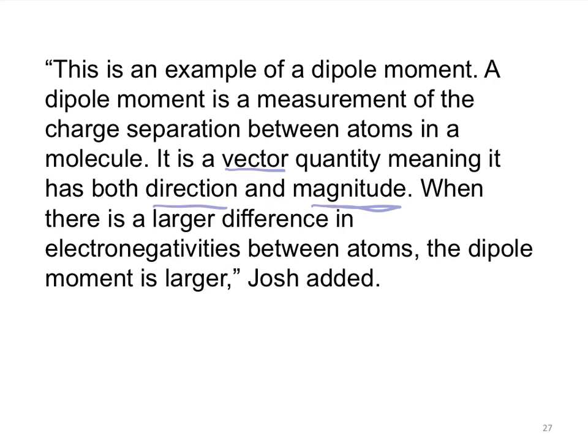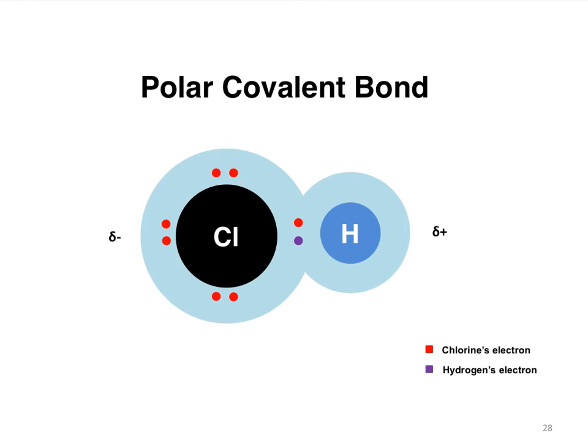When there's a larger difference in electronegativities between the atoms, the dipole moment becomes larger. And dipole just means there's 2 poles. Dipole is just a measurement of the separation between charges. How big a difference do you have? That's all dipole means. So let's take a look at hydrochloric acid.